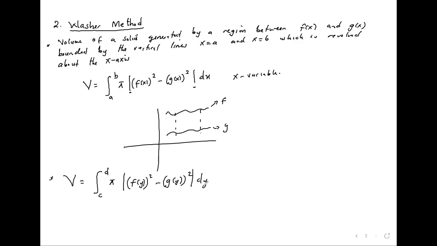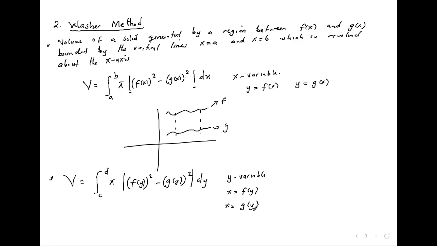So this happens when y is a variable. So here we are talking of x equal to f of y, whereas before we were talking of y equal to f of x and y equal to g of x. So here x is g of y.